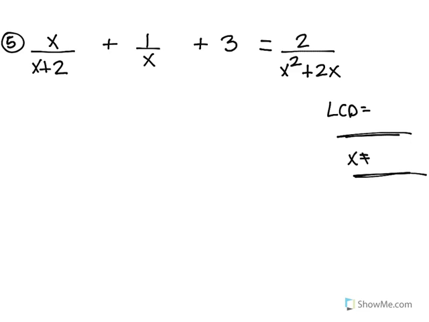Okay, so we got 4 terms, but only 3 of them have denominators. We got x plus 2, that's linear. We got a single x, that's linear. But that last one is x squared plus 2x, so it must be factored. But what is its factor? X and x plus 2.